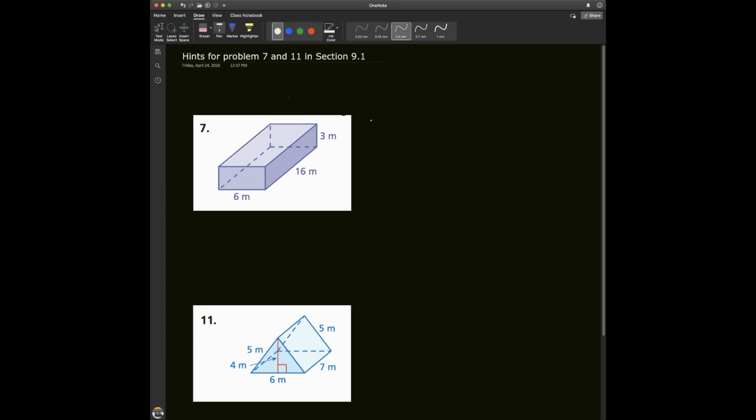So the formula for the surface area, remember, surface area equals 2 times the length times the width plus 2 times the length times the height plus 2 times the height times the width.